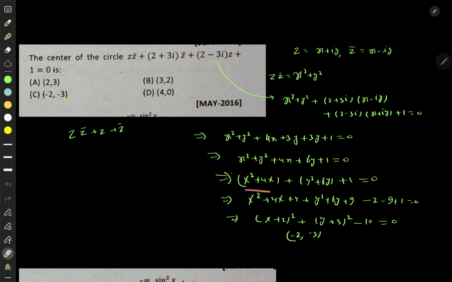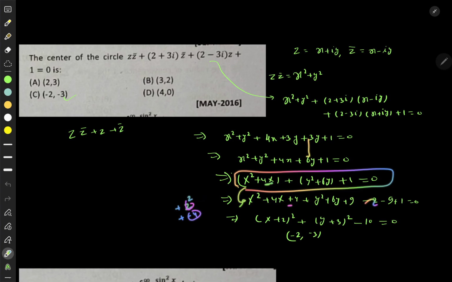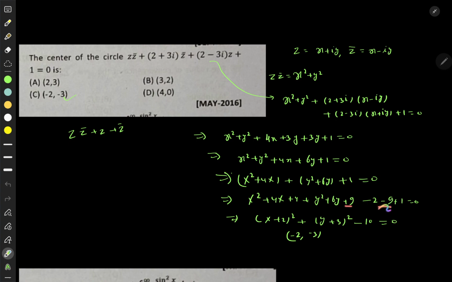Means you are getting this equation from solving these equations, but from here to here what will you do? Half of the coefficient of x, this is 2, square, plus and minus. So minus 4 and plus 4 will be there. Similarly minus 9 and plus 9 will be there for this part. So it will lead to this equation. So you are having x equal to minus 2, y equal to minus 3, and radius equal to under root 10.